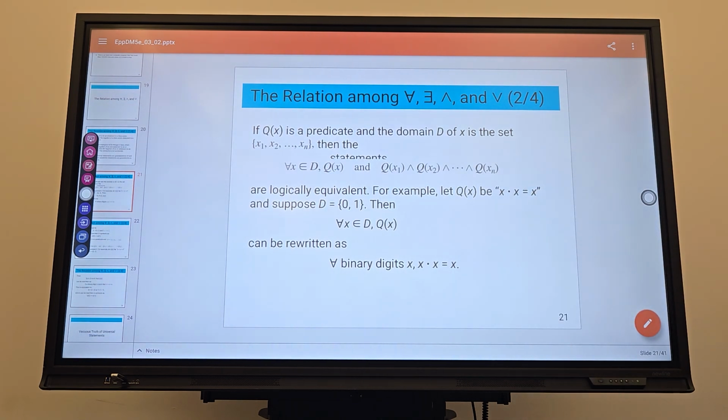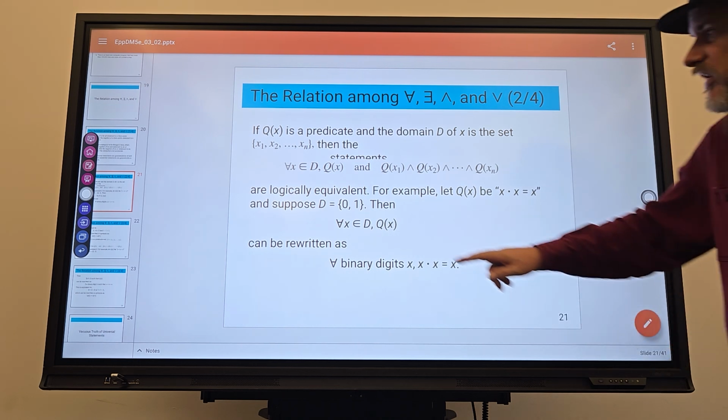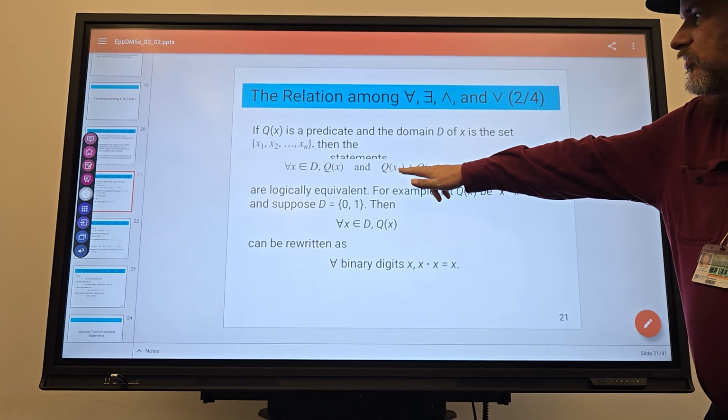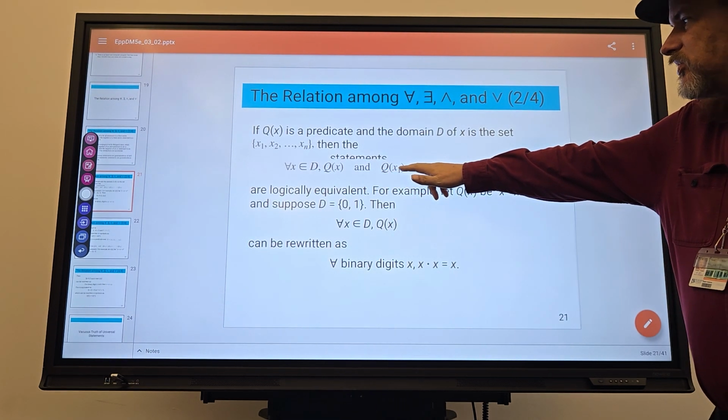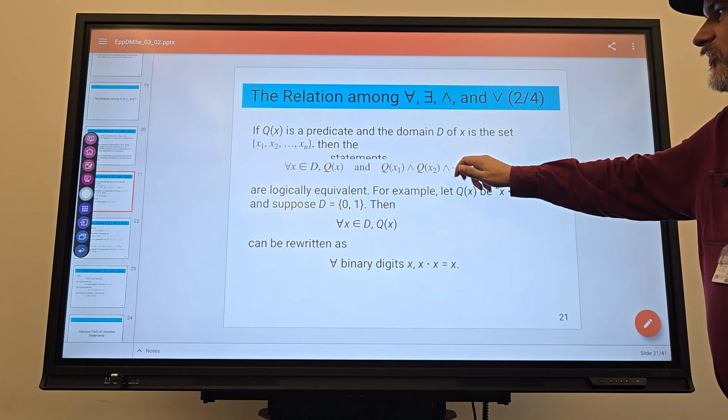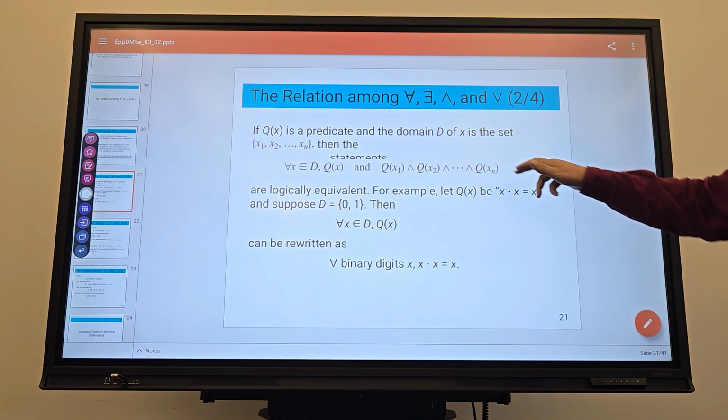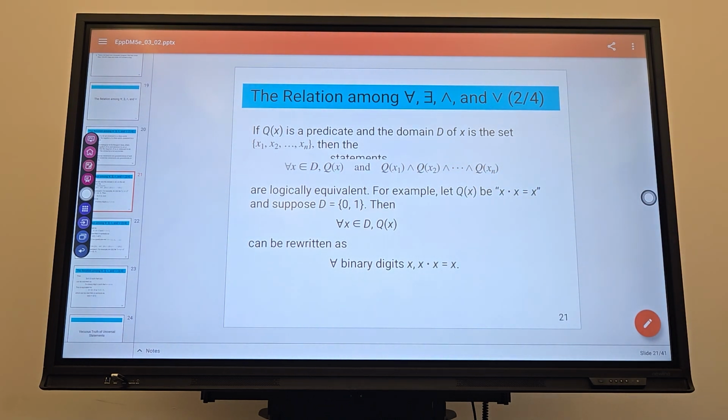If Q of x is a predicate and the domain D of x is the set x1, x2, up to xn, then this statement is equivalent to Q of x1 and Q of x2 and so on to Q of xn.